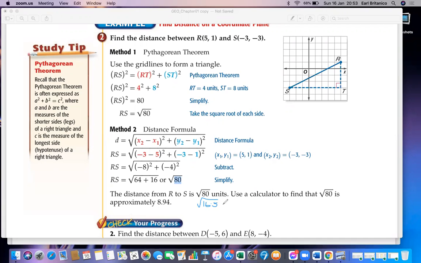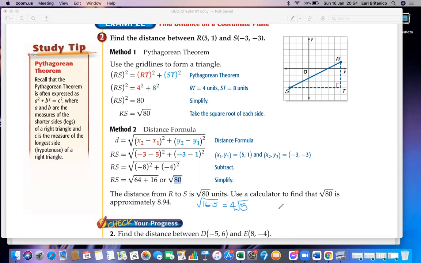Okay, since now it's 16 times 5, 16 is a perfect square, then 16 can go out. Square root of 16 is what? 4. So 16 goes out, becomes 4, but there's still a number inside because it's not a perfect square. So 4 square root of 5.